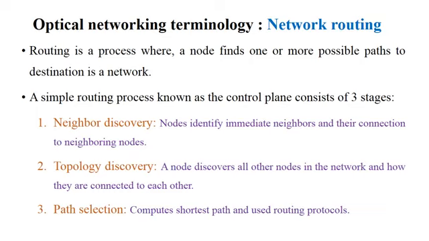From one network to another network, the topology may vary, therefore identifying the topology is also very important. The last one, path selection, computes the shortest path and uses the routing protocols. There are too many paths available from source to the destination, so path selection refers to identifying the shortest path for the data to transmit from source to the destination.